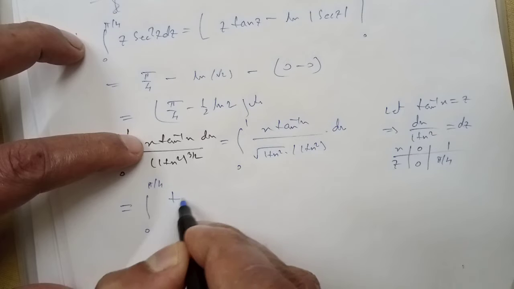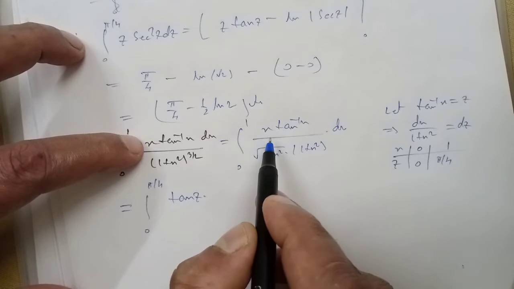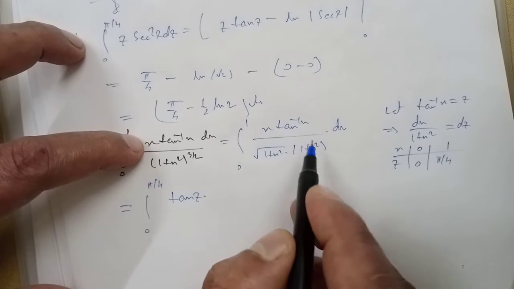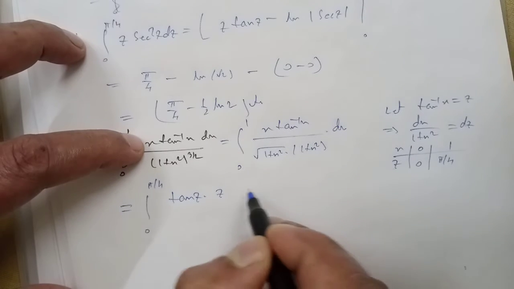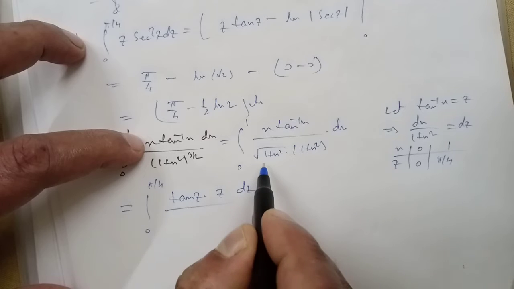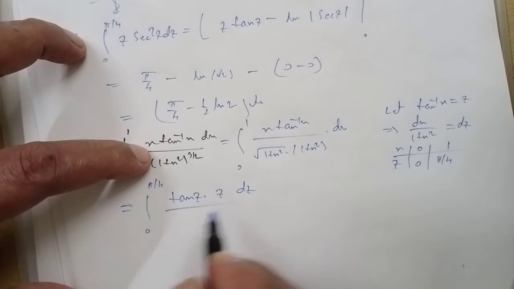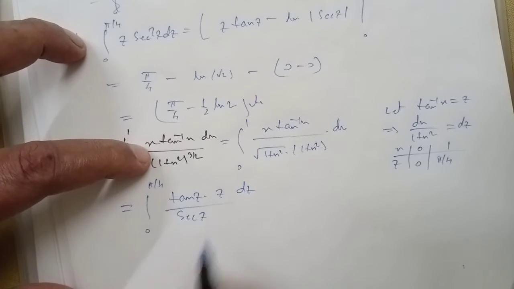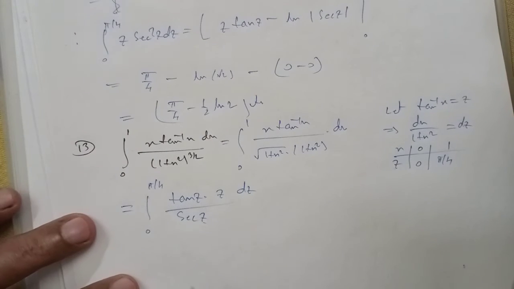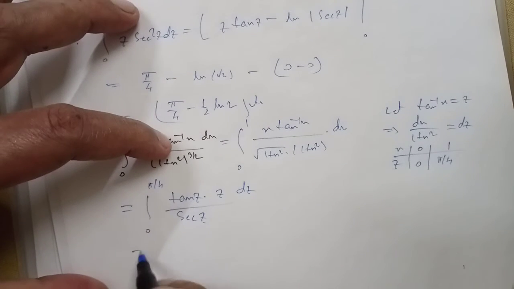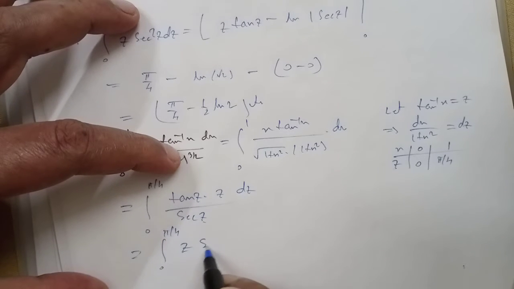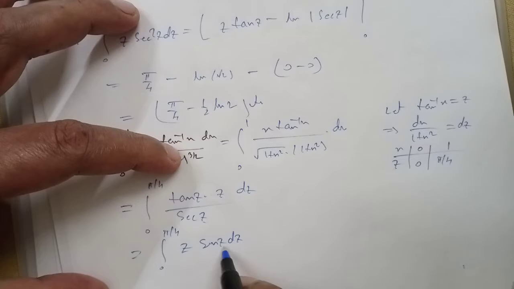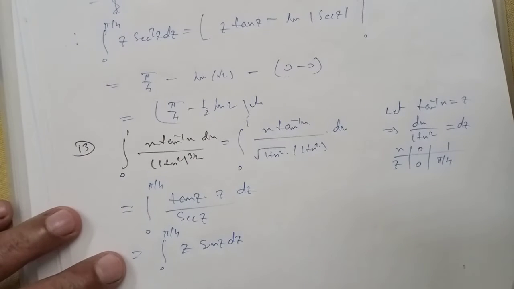X is tan z, tan inverse x is z, dx by 1 plus x square is dz, then root over of 1 plus tan square z, that is sec z, so 1 by sec z is cos z. So this becomes ultimately 0 to pi by 4 z sin z. Okay, because sec z becomes cos z, tan z into cos z is sin z.